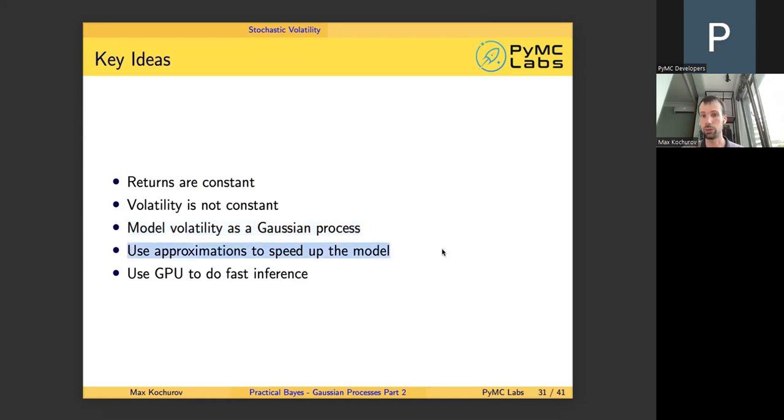And we can use approximations to fit this model very quickly. And so we can do this on GPUs. These are basically matrix multiplications happening over and over again to compute gradients. So we can utilize GPUs to do this slightly faster than on paper.